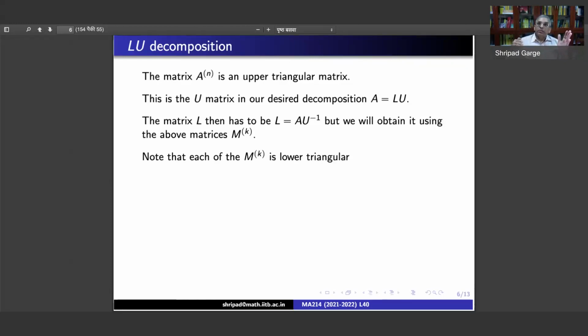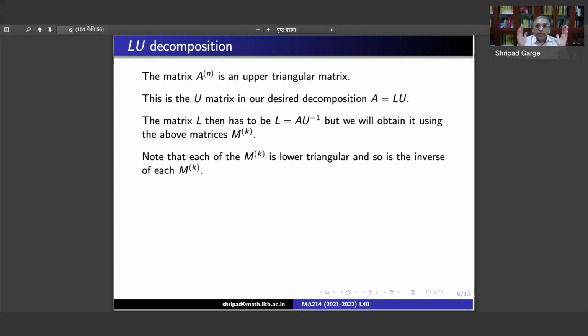The diagonal entry of the identity matrix is 1. Below 1, you are putting some elements. Therefore, it's a lower triangular matrix. Above the diagonal, all the entries are 0. Okay. So MK is lower triangular. It changes from the identity matrix only by changing the kth column below the diagonal.